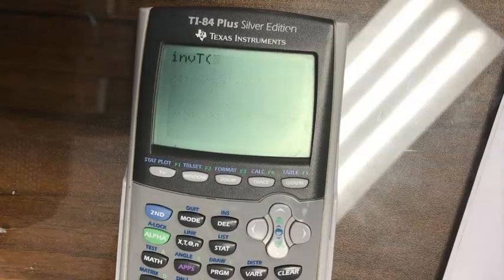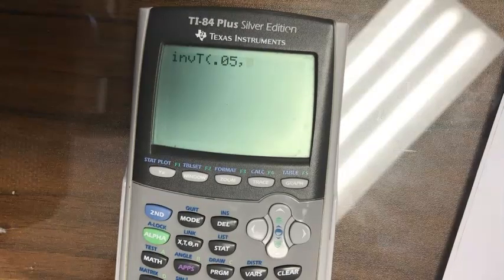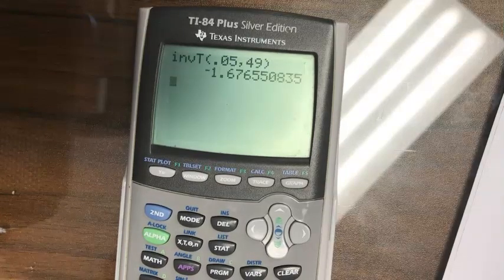Here's where you do area to the left. So area in the tail. If I want to do area in the tail and I have a 90% confidence interval, each tail will have 0.05. Then you have your degrees of freedom, and let's say I have a sample size of 50, my degrees of freedom is 49. That will give me my critical value associated with that.